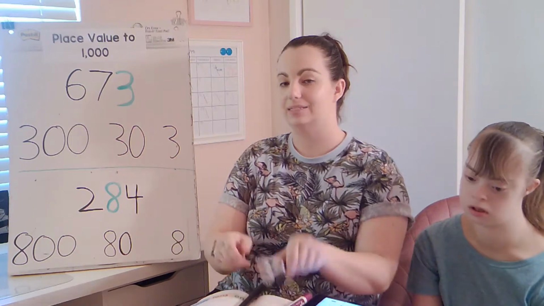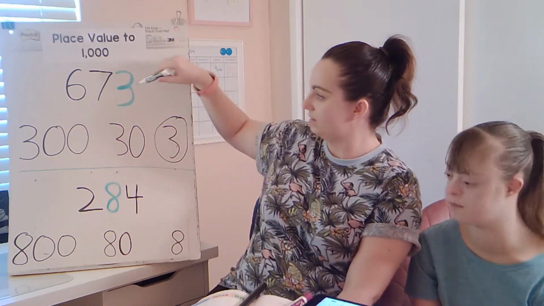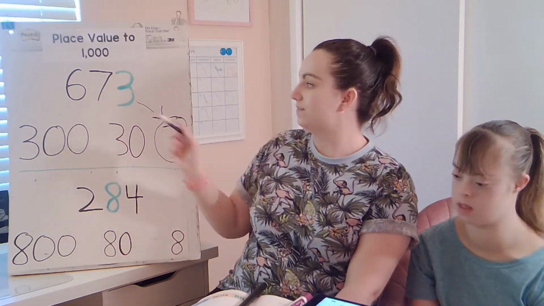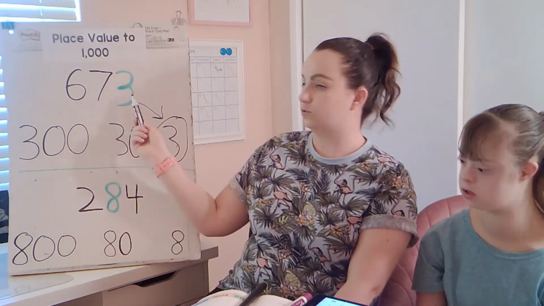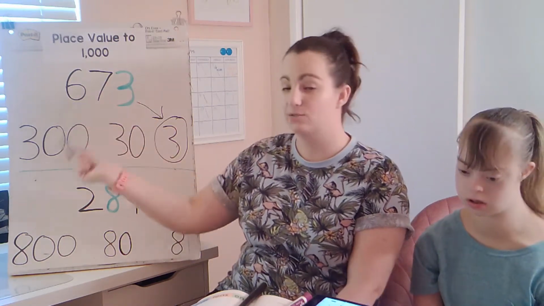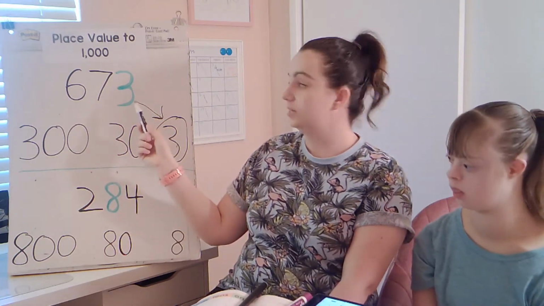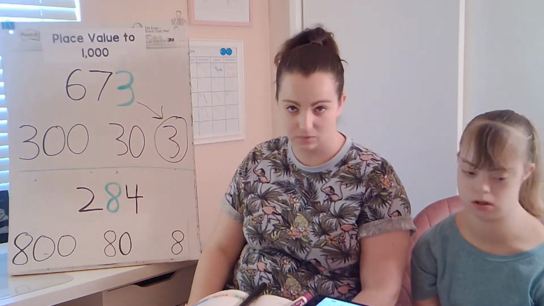So it has the value of 3. If 3 had been in the 10 spot, then it would have been 30. Or if 3 had been in the 100 spot, then it would have been 300. But the 3 is in the 1 spot, so that's why 3 has the value of just 3. Just 3 simple ones.